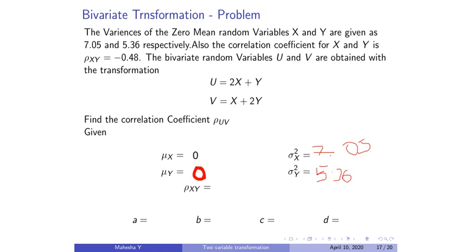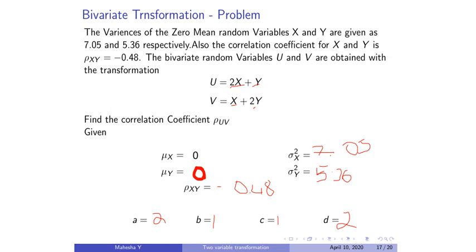And rho xy is also given as minus 0.48. Now what is A from this one? This is A, this is B, this is C, and this is D. So A is 2, B is 1, C is 1, and D is 2.